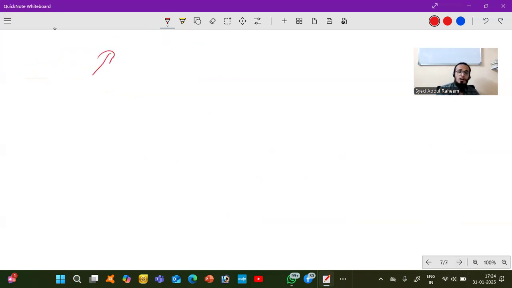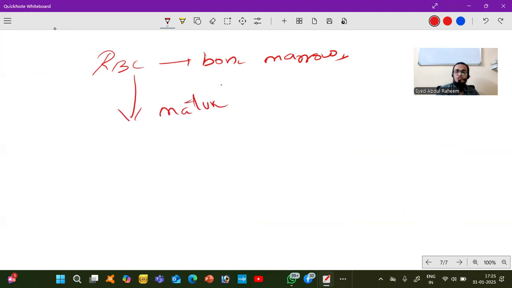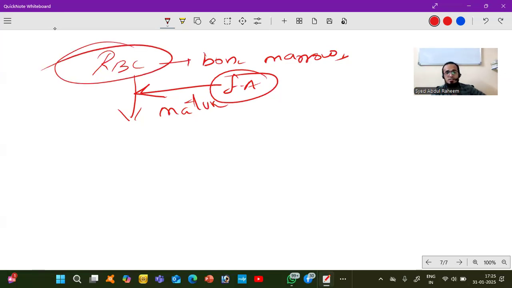When the production of RBC is happening in the bone marrow, the RBC needs to mature. So for maturation, we need folic acid. Only after maturation will a matured RBC go into the bloodstream from the bone marrow.